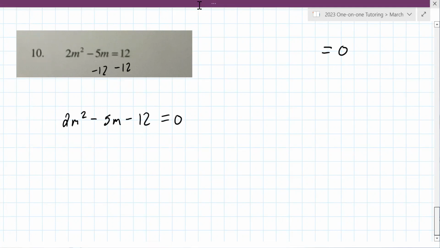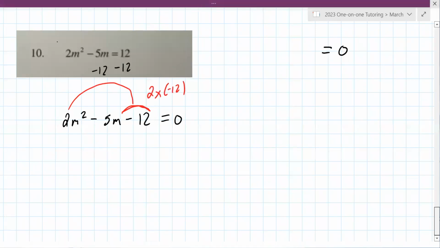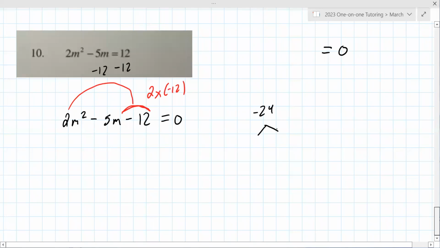This time you will multiply 2 times negative 12. It's the whole number. 2 times negative 12, negative 24. And here you need two numbers that multiply to negative 24, but add to negative 5. That means one's positive and one's negative. And you just start building your list.